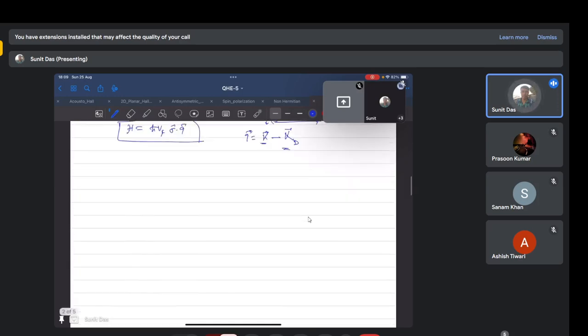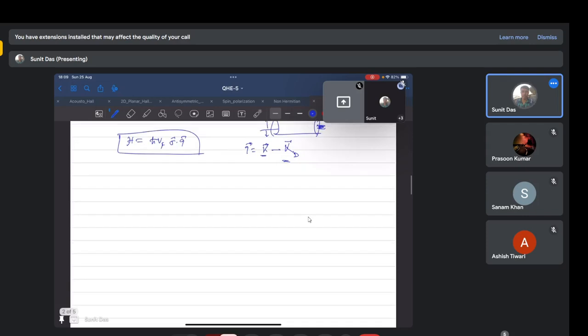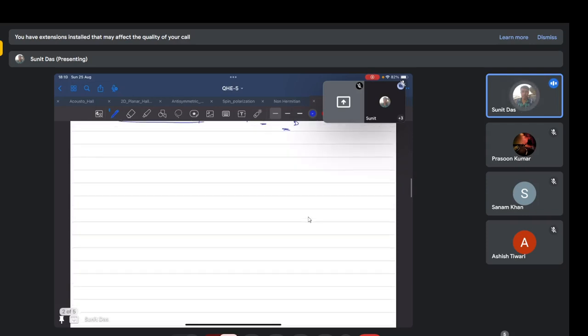In the last class, we elaborated in detail how we can obtain the tight binding Hamiltonian for graphene. But let's have a quick recap, and then I'll directly write the energy eigenvalue.